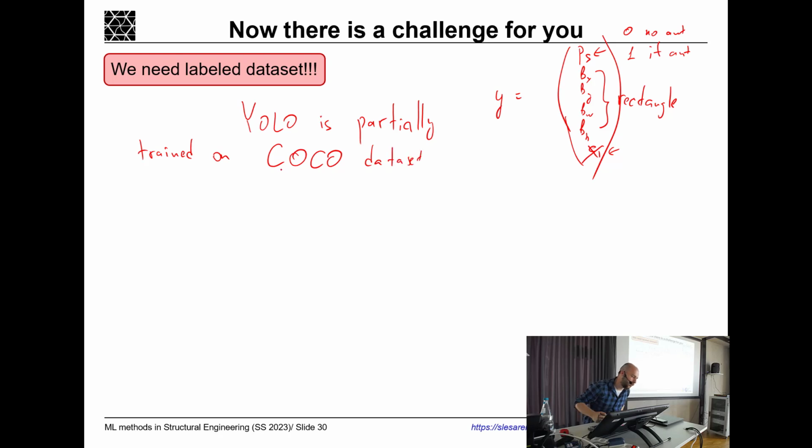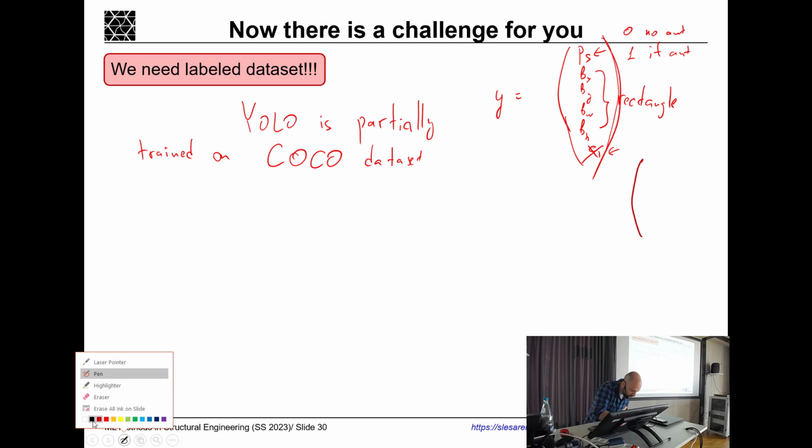It stands for Common Objects in Context. This dataset contains not only the labels but also rectangles, so it basically tracks the position. In this dataset, all things are represented as this vector, Ps, and the 4 coordinates. So let me just write it in a little bit better manner. I changed the color. Why hasn't it changed?